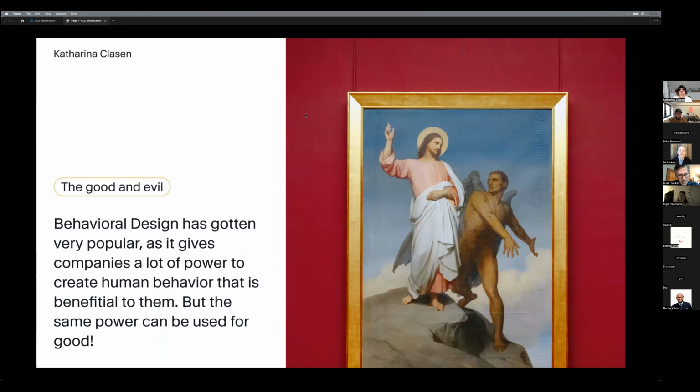But I think that also means that it's not always good. It's not necessarily used for good if companies use that power, because what is good for a company is not necessarily good for the larger context, for the environment. They are probably more focused on how the behavior of their customers is beneficial to them. I guess that's the reality.